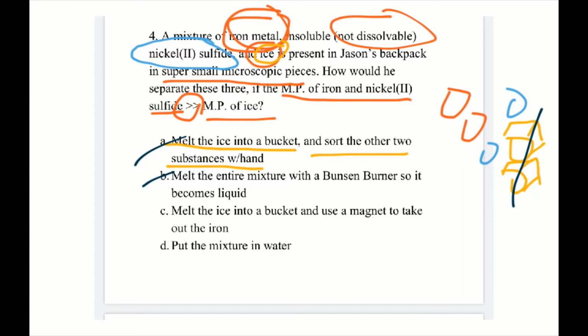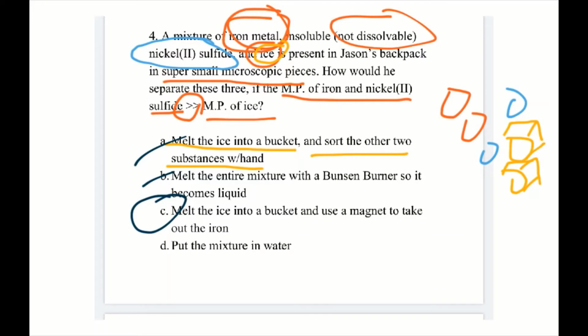And if we use a magnet to take out the iron, which is in red, we're left with the nickel 2 sulfide. So we separated the 3 apart from each other. So I think C is an amazing answer. So let me just undo this and say C is our answer.